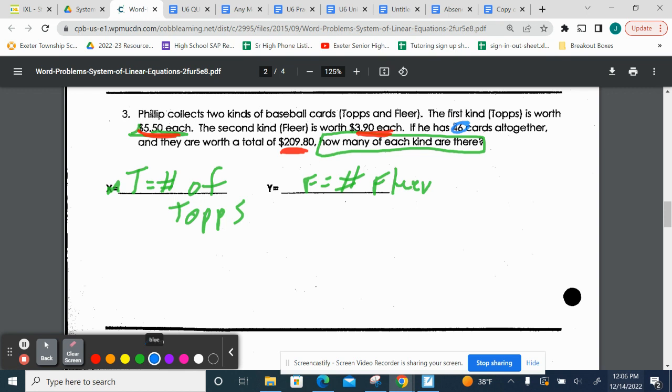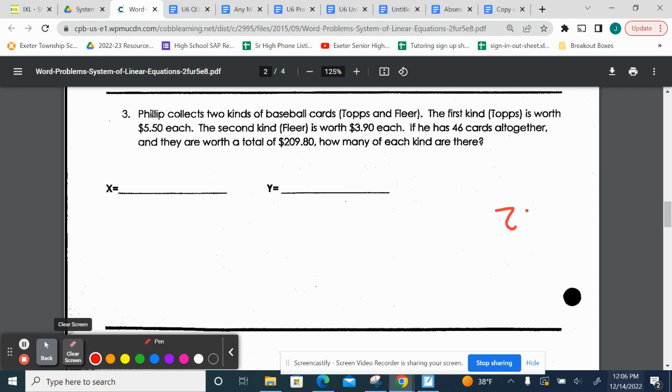So right there you can organize into the money equation. If his total is 209.80, and it's $550 per Topps and $390 per Fleer, you would multiply and add it up to equal 209.80.